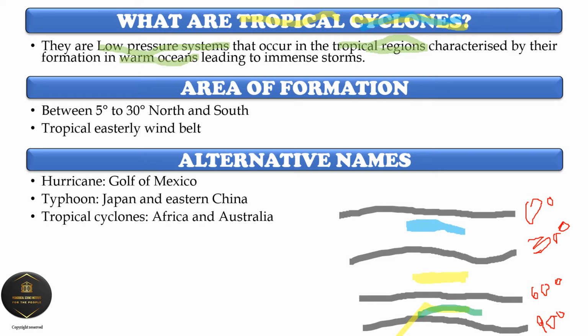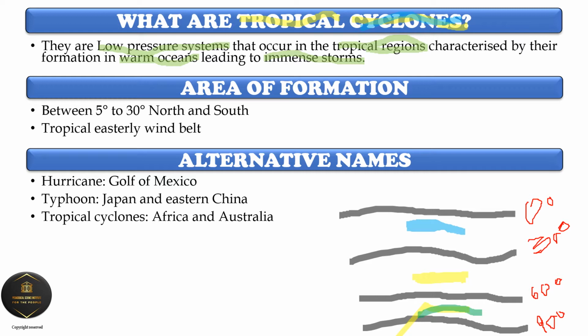So again, out of common sense, since we have the highest temperatures in the tropical regions, we'll expect to have warmer oceans or warmer ocean currents as well existing in that particular region. Now, we say these systems will lead to immense storms. And remember, immense storms are due to unstable weather. And why do you have unstable weather? Because we are looking at cyclones, low pressure systems, which are associated with this unstable weather. So I hope we are fine. So that's what a tropical cyclone is.